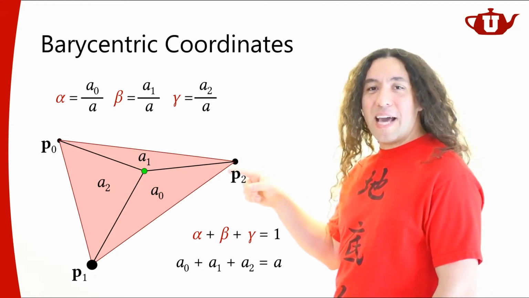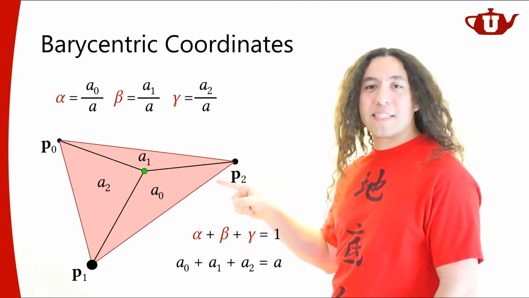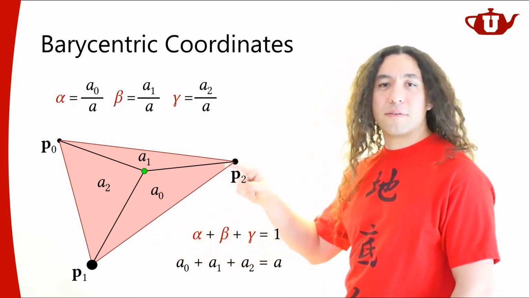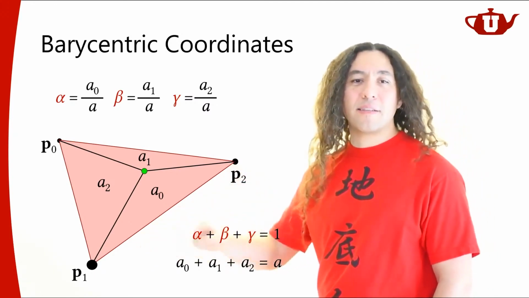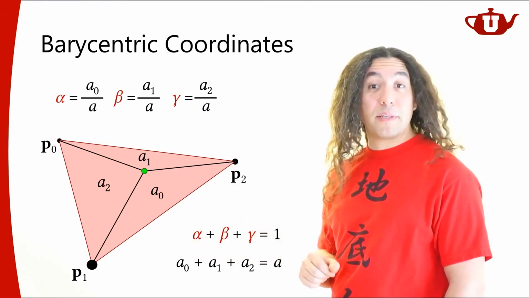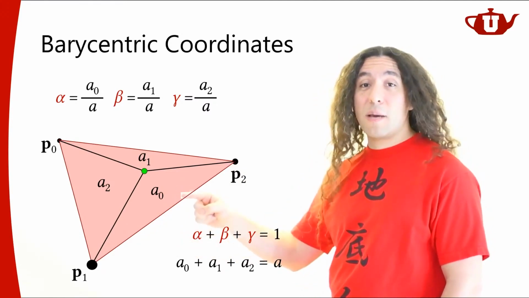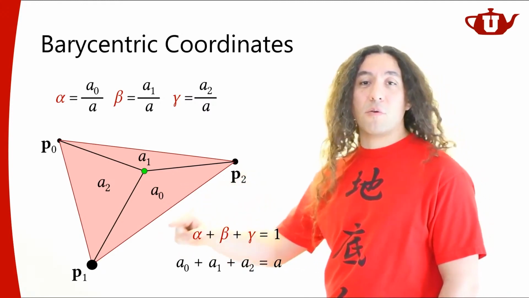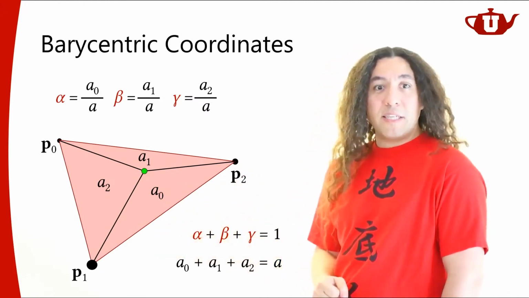Now imagine that this green point is along this line over here. If it's along this line, what's going to happen? That means my alpha barycentric coordinate will have to be 0, right?